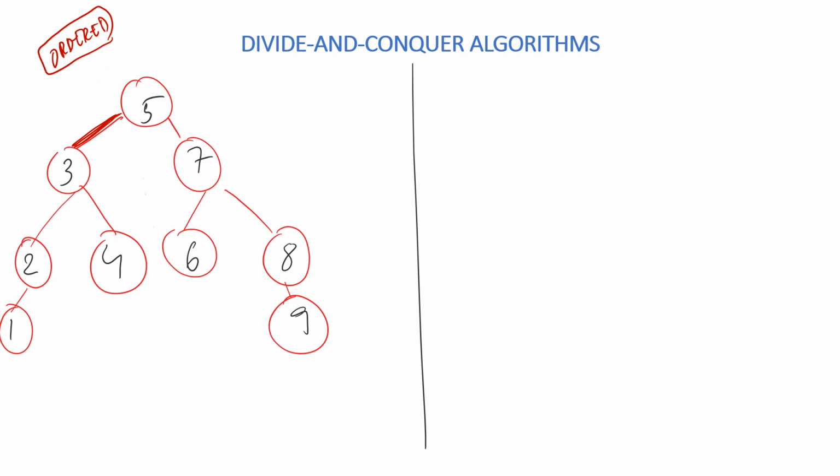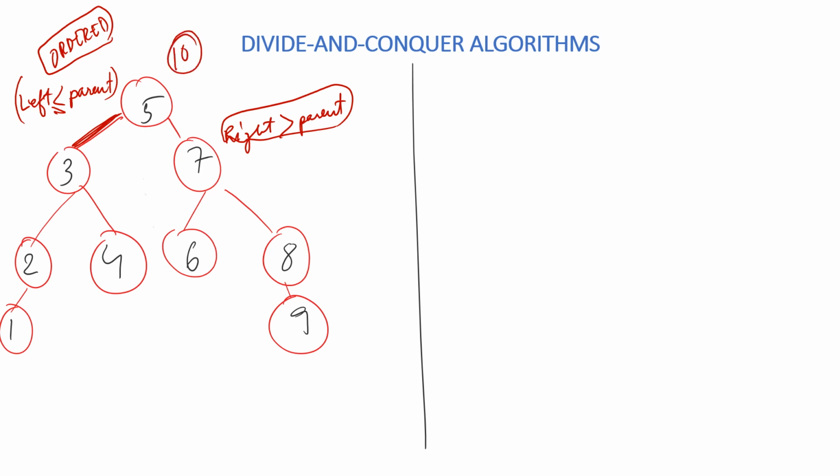Let's call it the parent. Let's say left less than or equal to the parent, and the right child has to be greater than the parent. It's fairly simple.